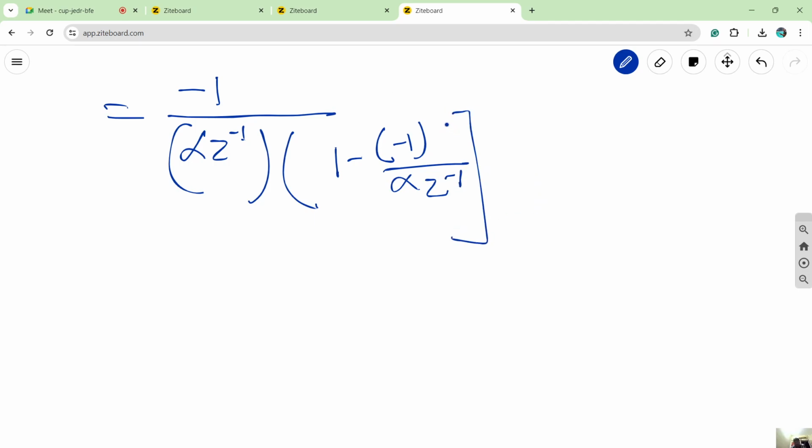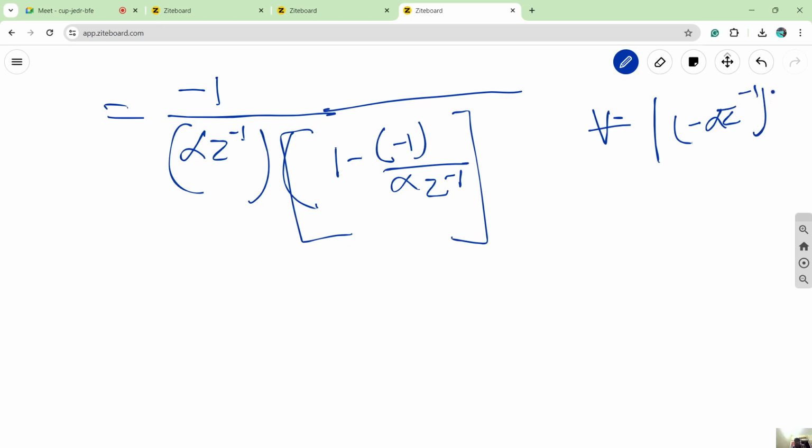This is for all minus alpha z inverse whole inverse less than 1.